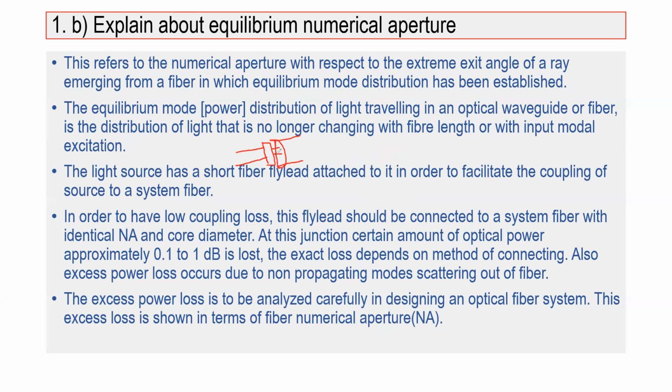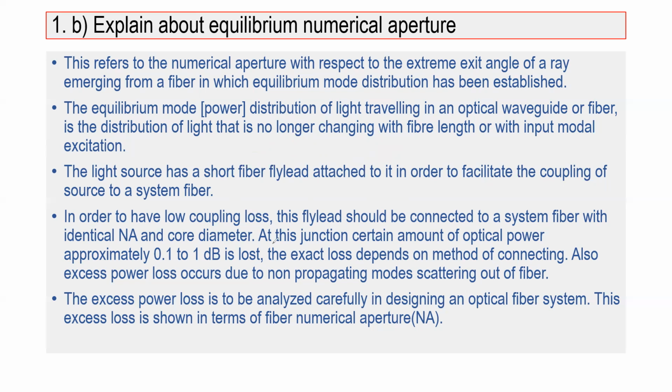This will be inserted into this transmitter or receiver. Okay. And the small portion of the fiber which is present beyond the connector is known as the fly lead. Okay. The small portion of the fiber which is left outside the connector in order to facilitate the coupling of the source to a system. System is transmitter or receiver. Okay.